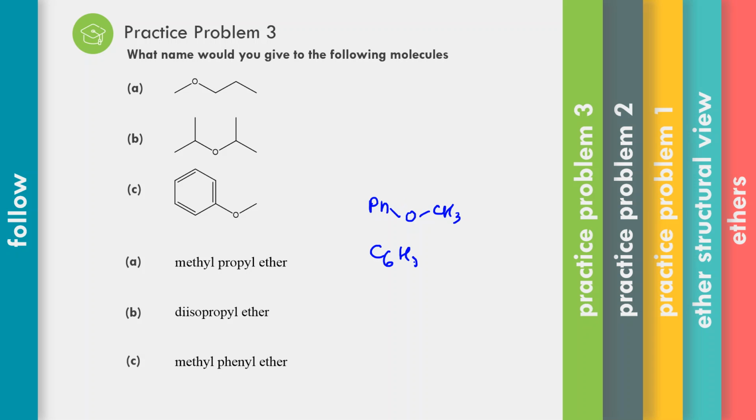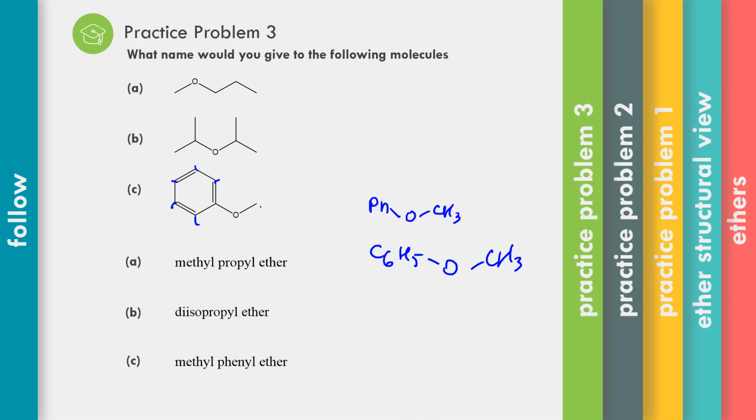Sometimes it's C6H5OCH3, because this ring has 6 carbons, and each one has 1 hydrogen, except for this carbon, because this carbon has full stability, therefore bonds that we cannot draw anymore. But on this one, that one, this one, and that one, we can put 1 hydrogen, because each one of them has 3 bonds, and the 4th one is invisible.